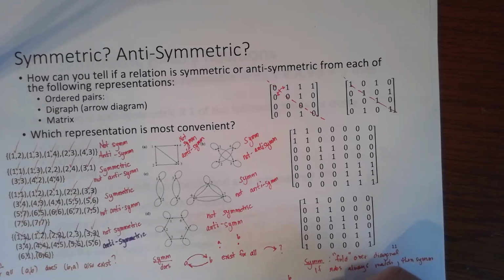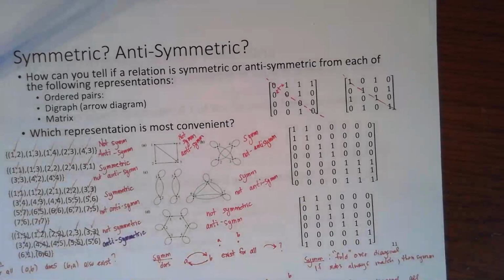And for anti-symmetric, if you fold over the diagonal, then all 1s fall on 0s. The 0s can fall on 0s as well, but it's most important that all the 1s fall on 0s.